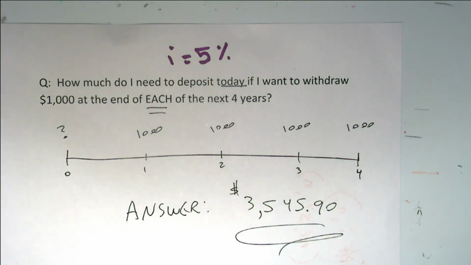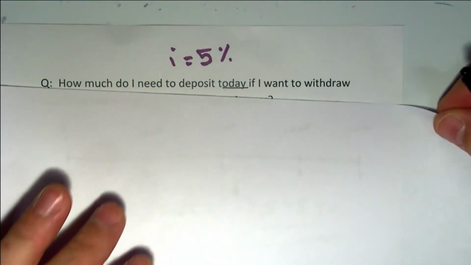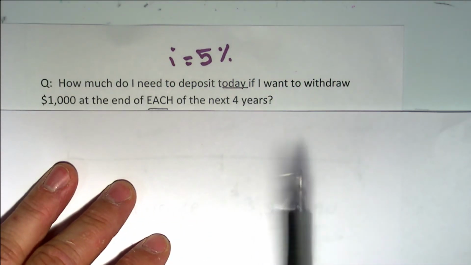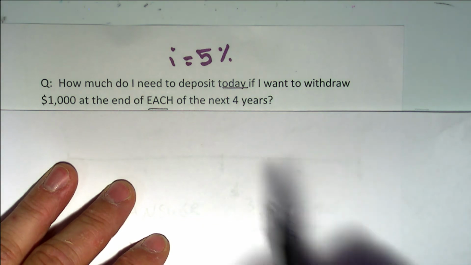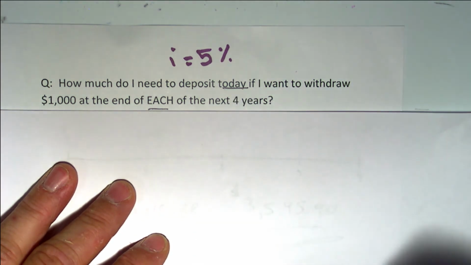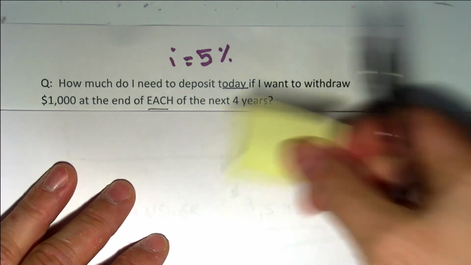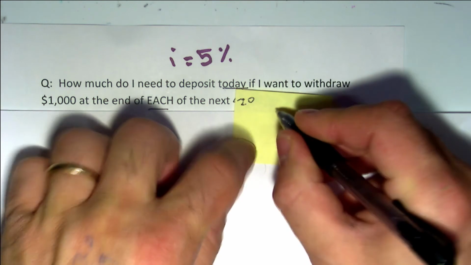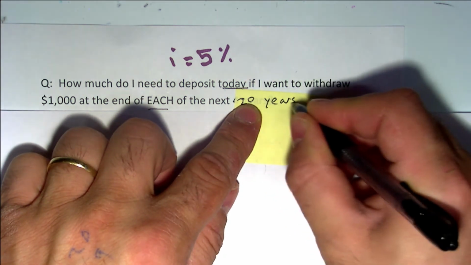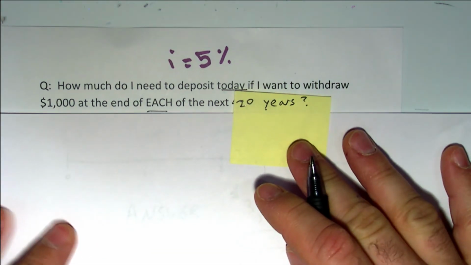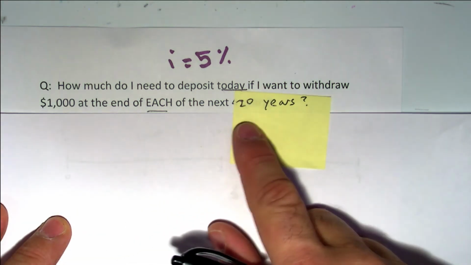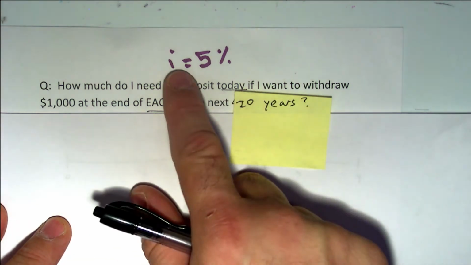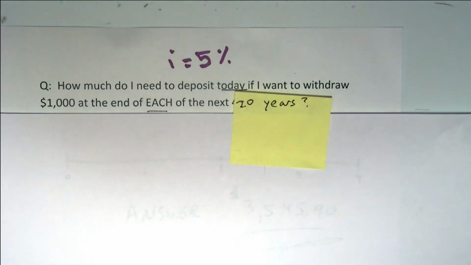But now I want you to do the whole thing with 20 years instead of 4. How much do I need to deposit today if I want to withdraw $1,000 at the end of each of the next 20 years? Interest rate equals 5%. Play that music, and we'll come back here in about 30, 45 seconds. You folks at home do it too.